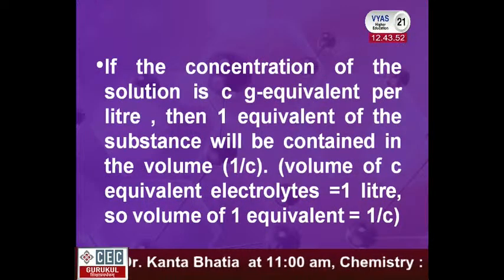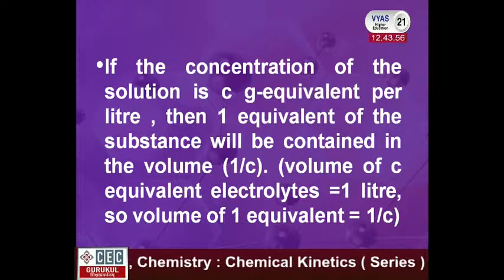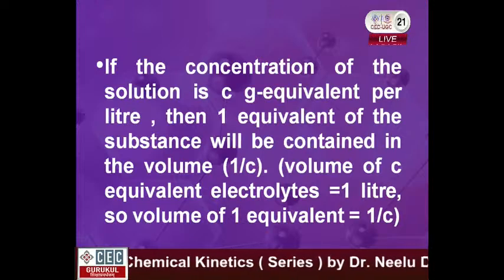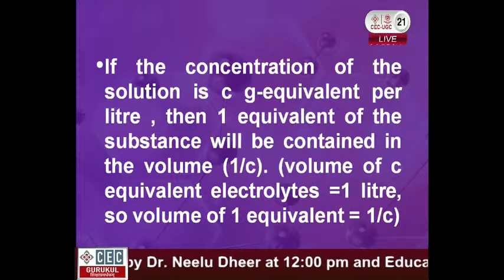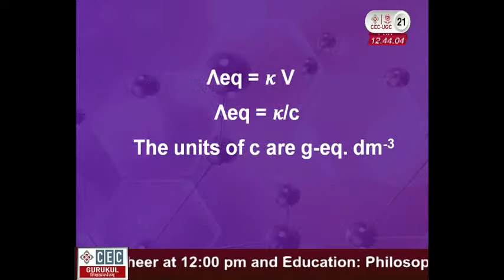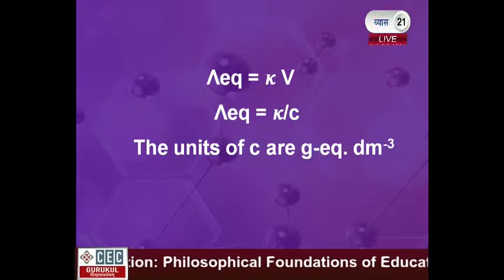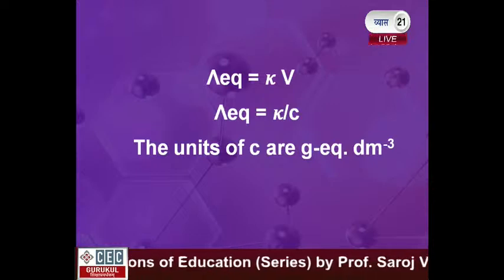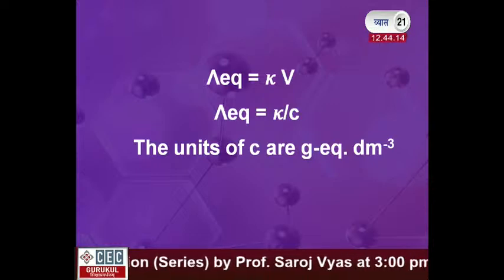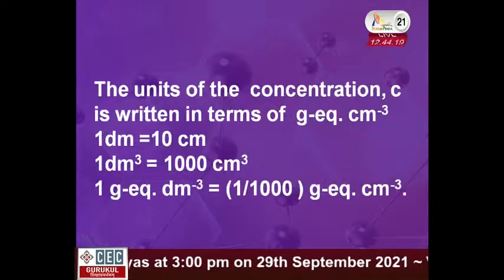If the concentration of the solution is C gram equivalents per liter, then one equivalent of the substance will be contained in the volume 1 by C. So, lambda equivalent can be written as lambda equivalent is equal to kappa by C, where units of C are gram equivalent decimeter minus 3.